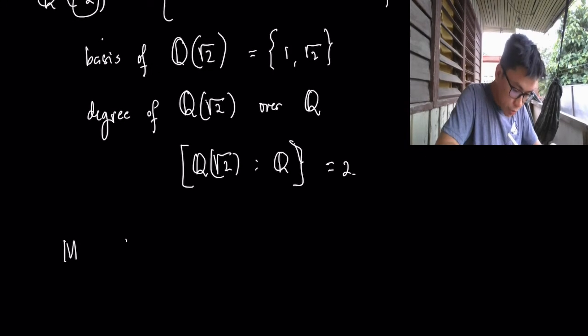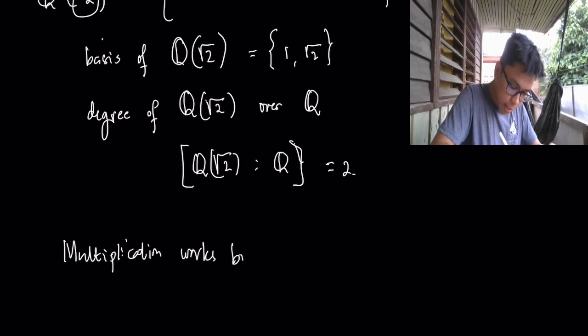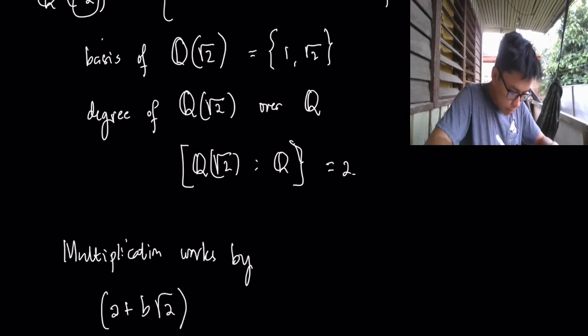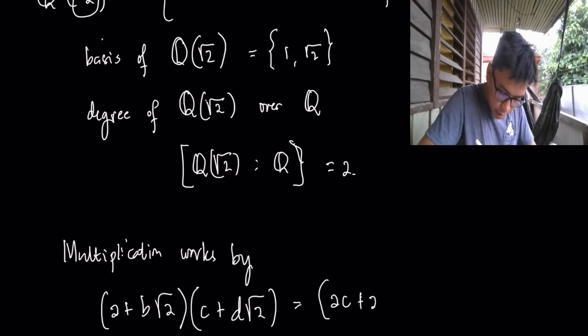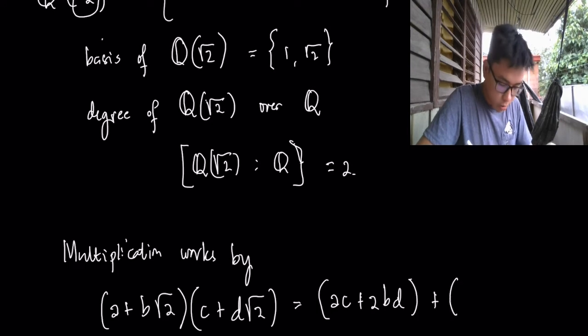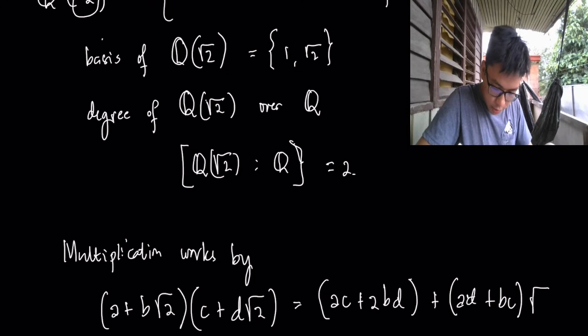Now, the multiplication works like this. Let's say you have a plus b square root of 2 times c plus d square root of 2. Correct me if I'm wrong, in my own calculation I get ac plus 2bd plus (ad plus bc) square root of 2.